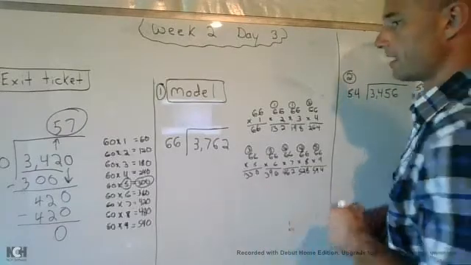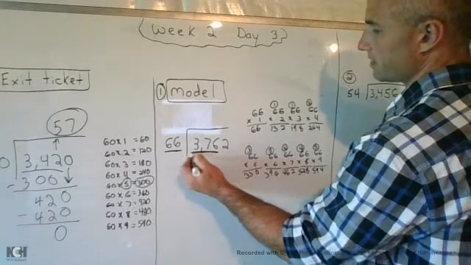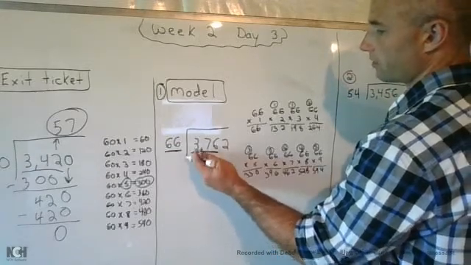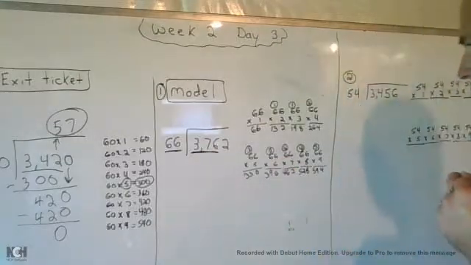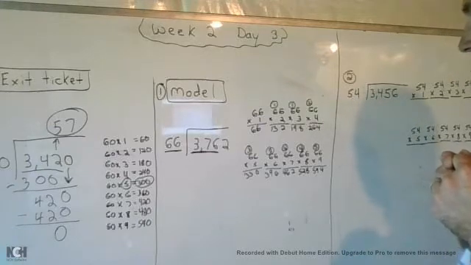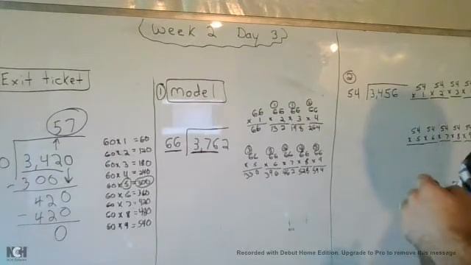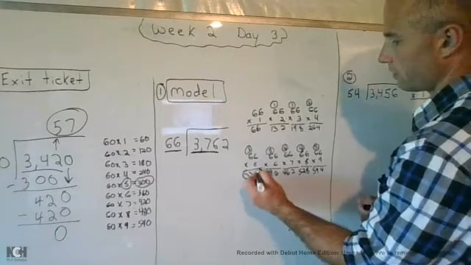So let's see how many 66 go into 376. Because it can't go into 3, can't go into 37. So now I'm going to 376. What's the closest product of my 66 times tables to 376? Closest without going over would be 330.